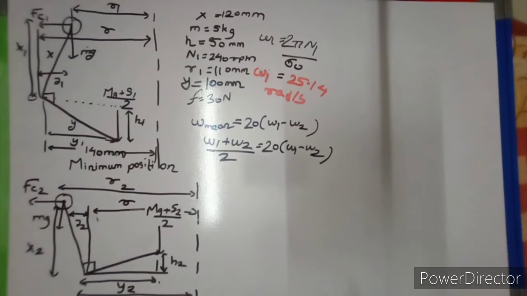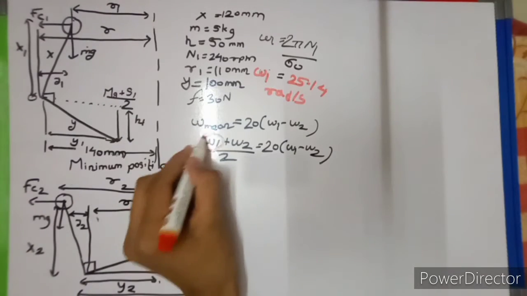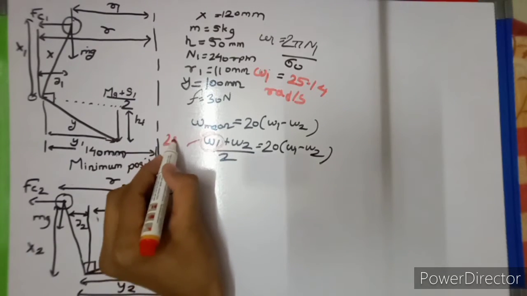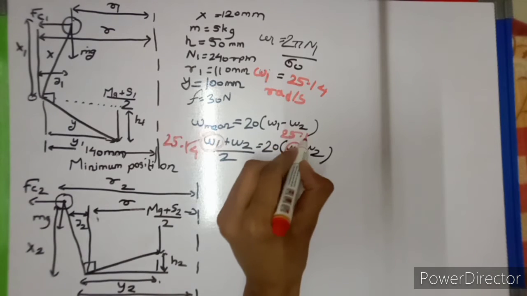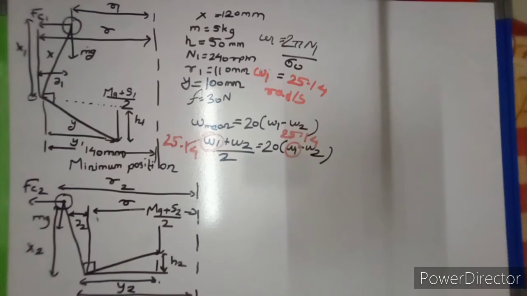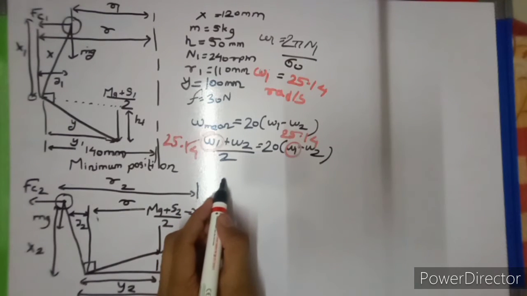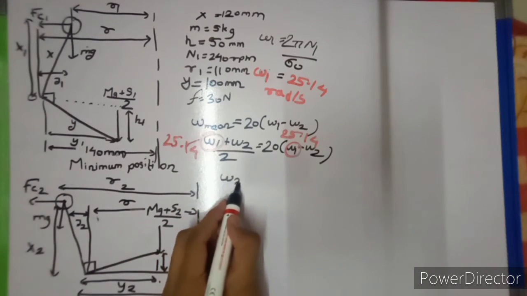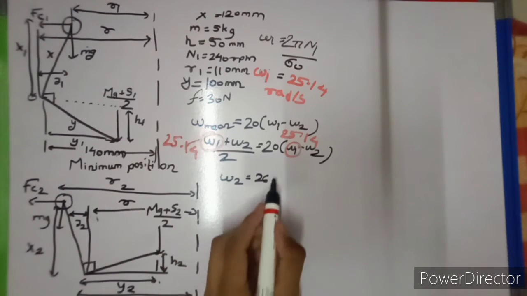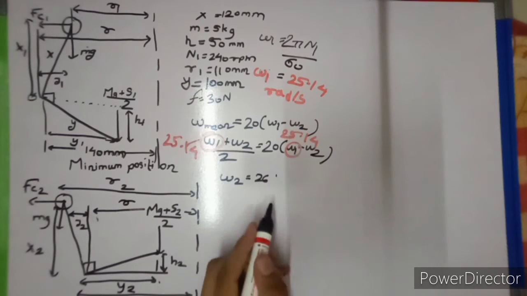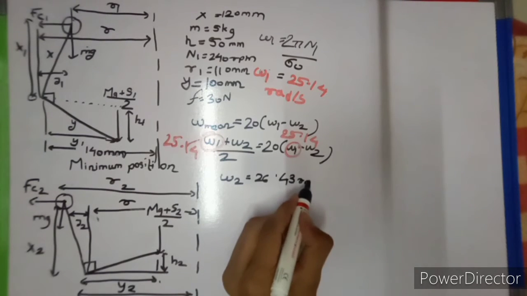Now substitute omega 1 as 25.14, and you will get omega 2 as 26.43 radian per second.